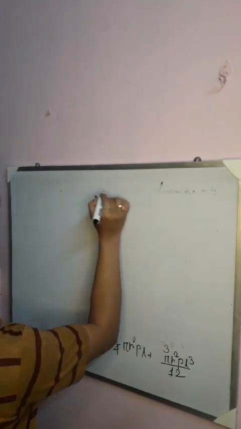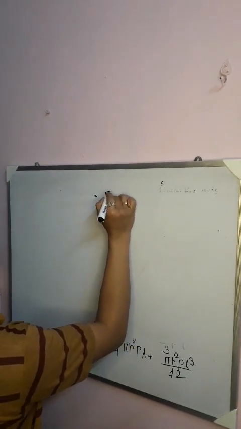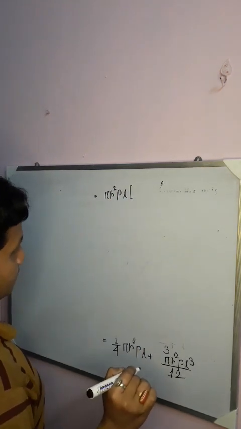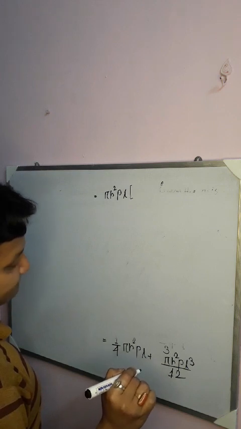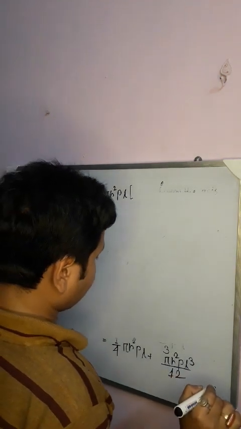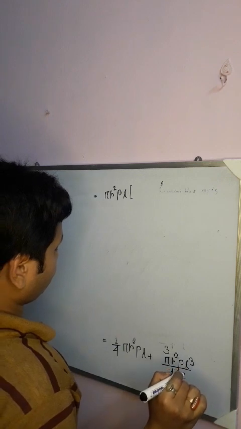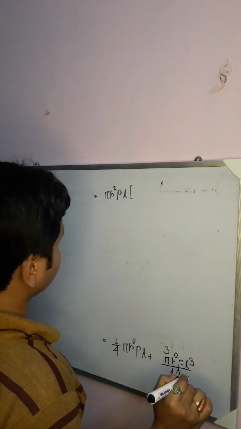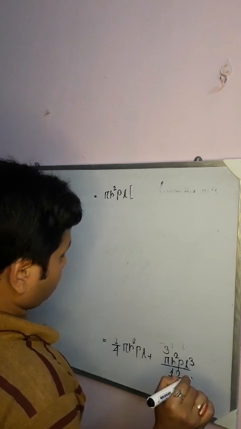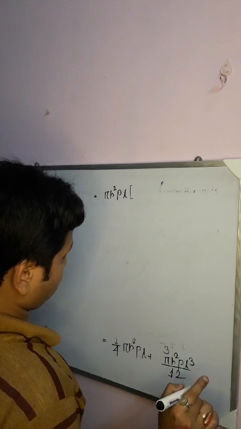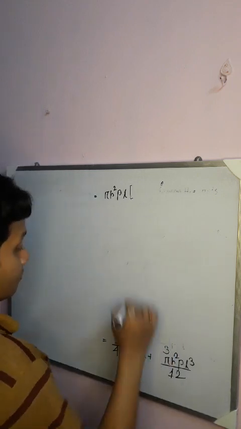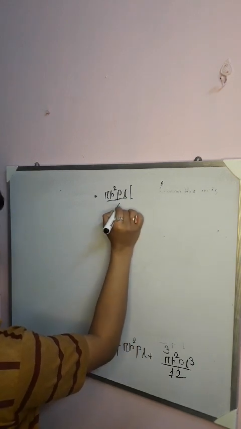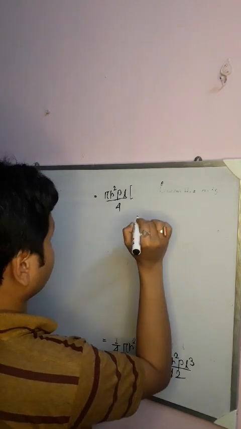We take pi r square rho L common, and also take 1/4 common.